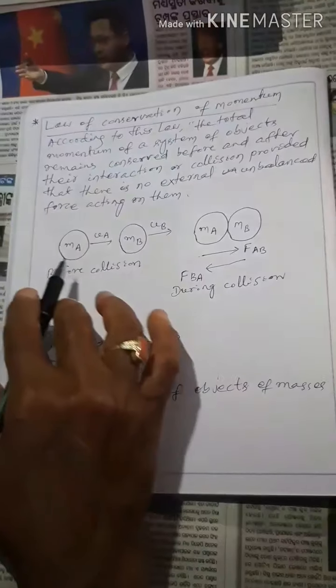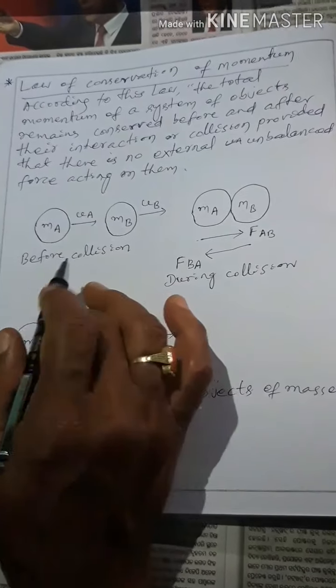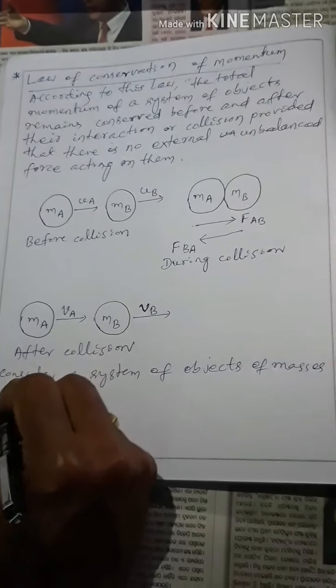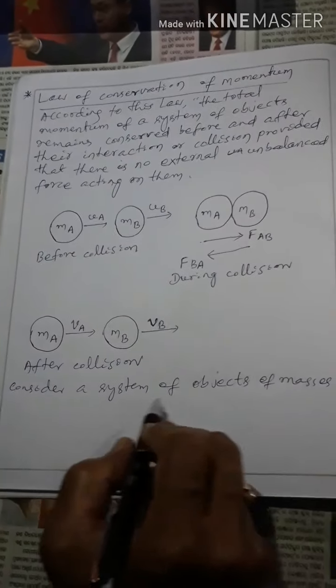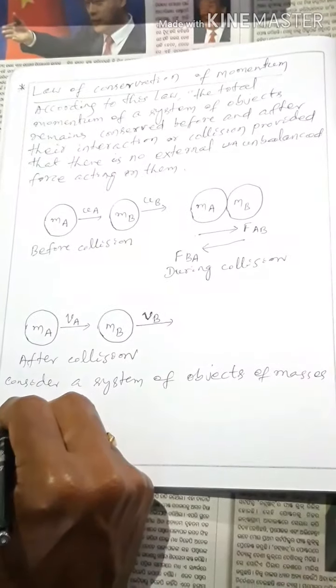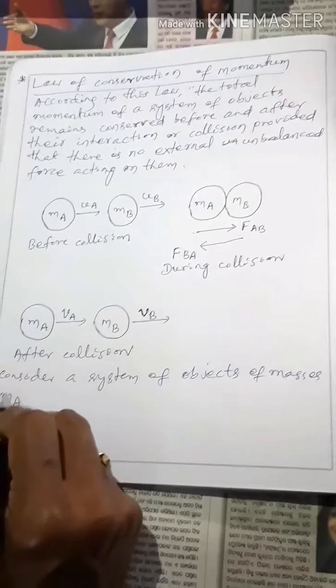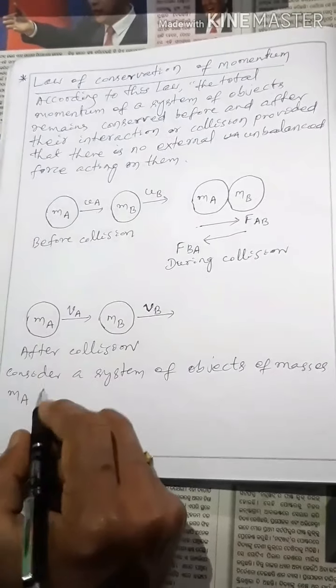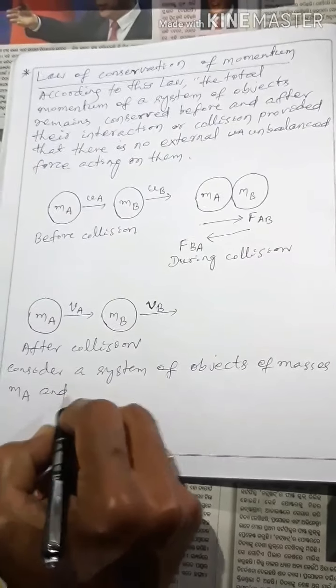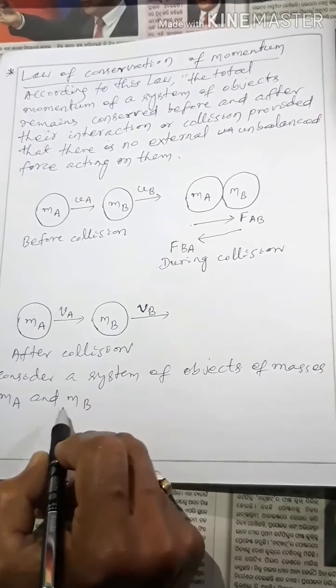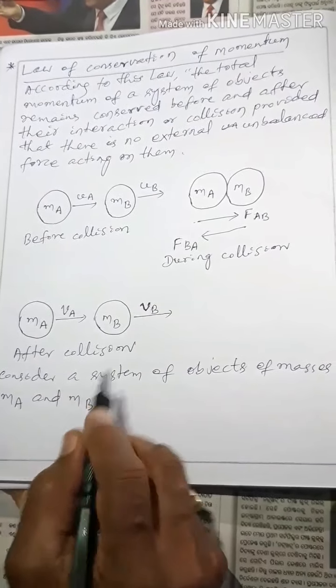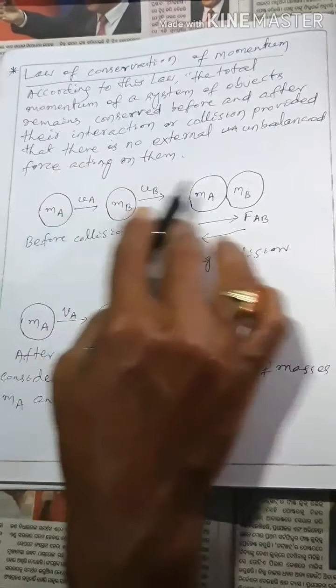There are two bodies. MA is the mass of object A, and MB is the mass of object B. Here I am drawing a little picture.